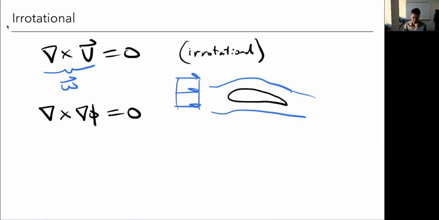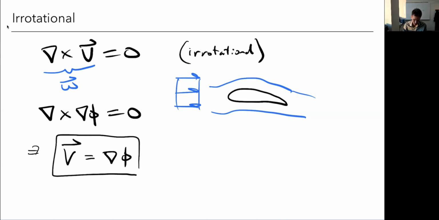If we compare these two, we could say that if I have irrotational flow, I could always represent my velocity field as the gradient of some scalar function. One convenience there is that I've reduced this three-dimensional flow field to a one-dimensional function that I could solve for. And once I solve that function, I just take its derivatives and recover the three-dimensional flow field.